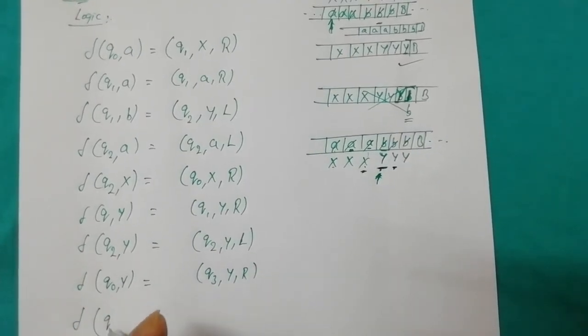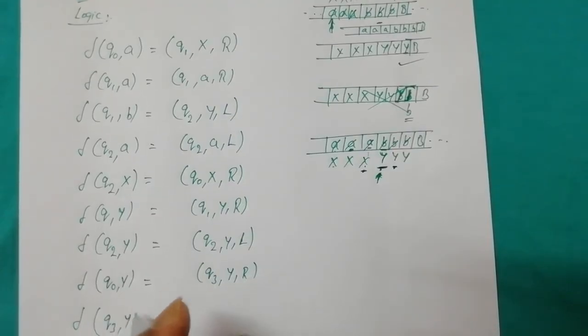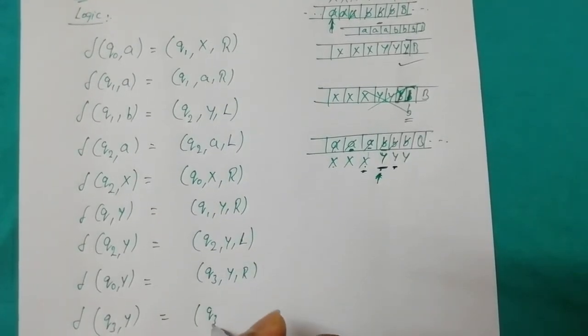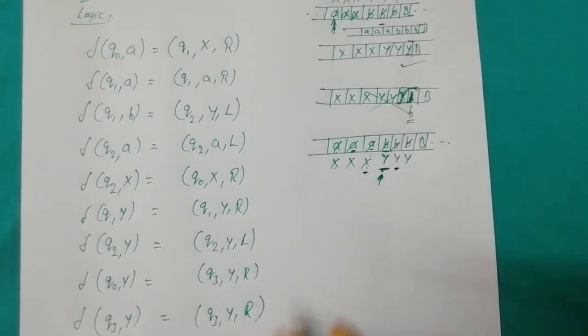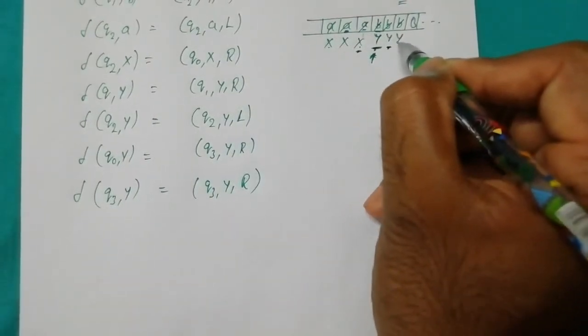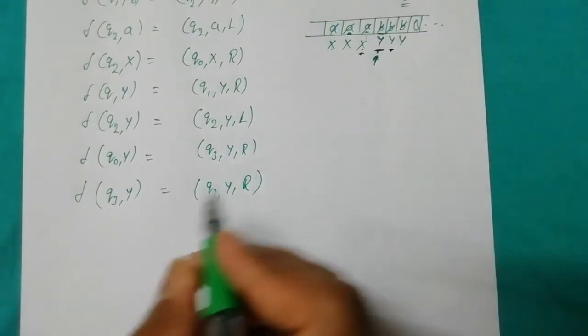Next, Q3 will come across with this Y. We keep on skipping: Q3, Y, right. This acts as a loop. This keeps on skipping as many Y's as there are.